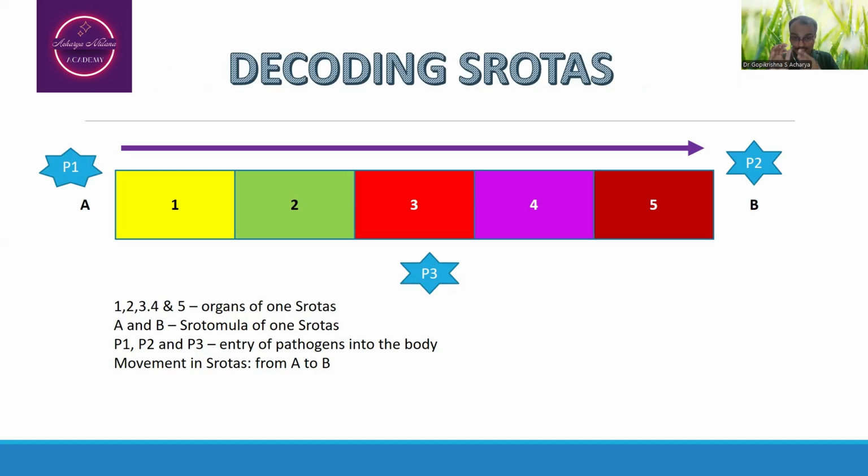Suppose the pathogens are present in the Srotomula B of the AB Srotas, then symptoms may pertain to organ number 5 only, whereas organ number 4, 3, 2 and 1 are less likely to get disturbed. Suppose the pathogens are entering at the organ number 3 level, then symptoms may be observed in 3, 4 and 5, whereas organ number 2 and 1 are less likely to get disturbed.